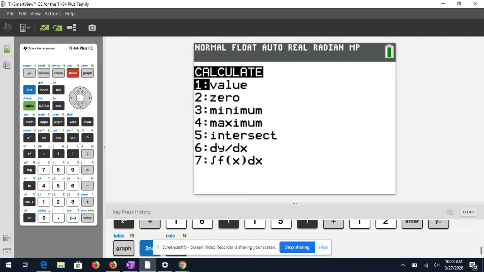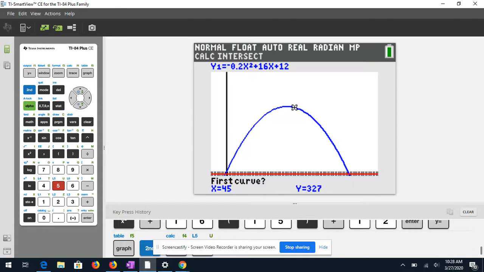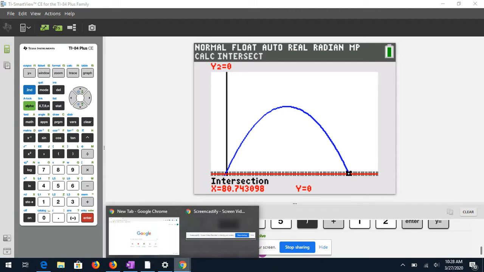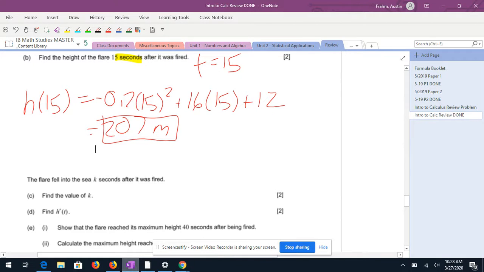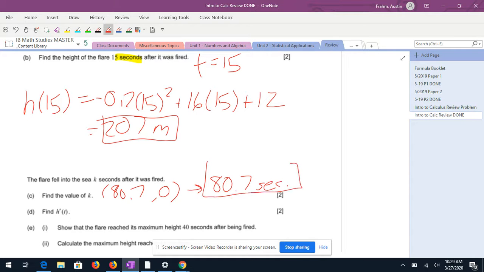All right, so if I go to second trace, number 5 for intersect, move it closer to the right intersection point, and we hit enter 3 times, it's going to give us the time, which is about 80.7. So the coordinates were 80.70, which means that it took about 80.7 seconds for the flare to be in the air.